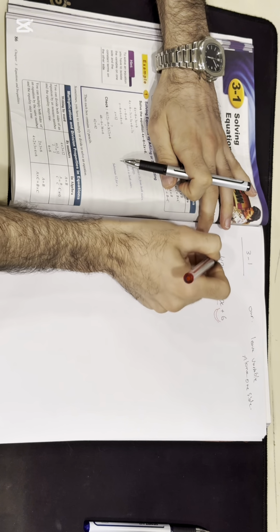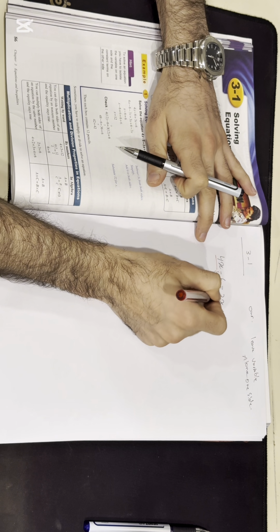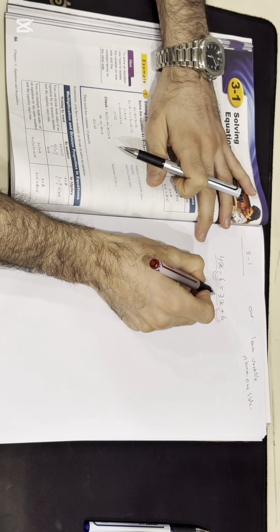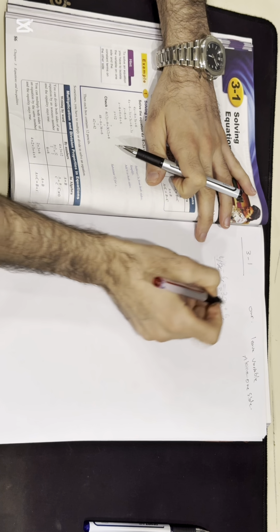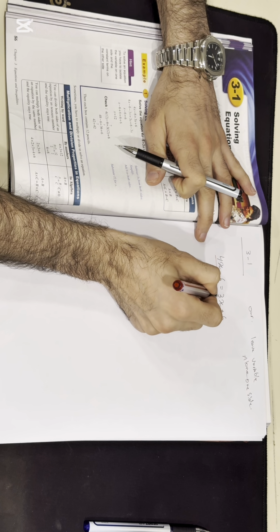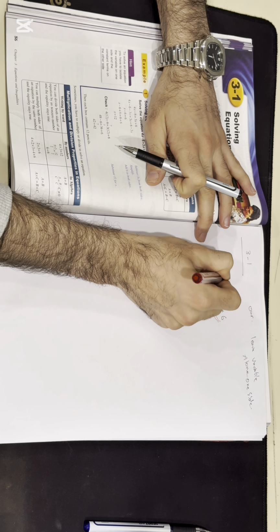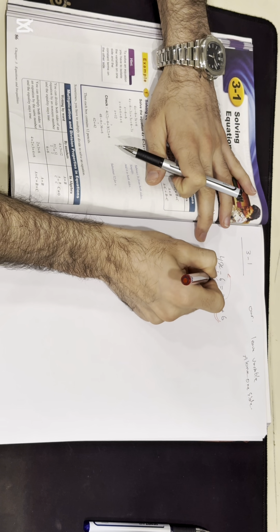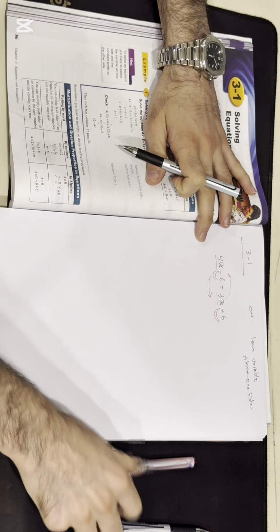So always move the smaller variable, the one with the x, the smaller coefficient, always move it to the other side. Then take the number to the other side.